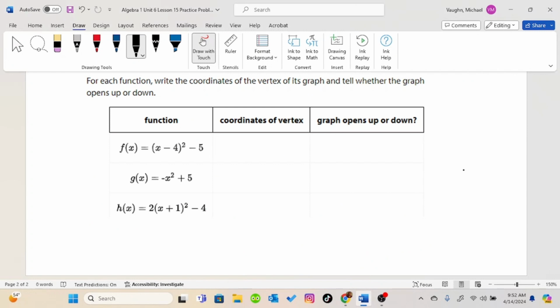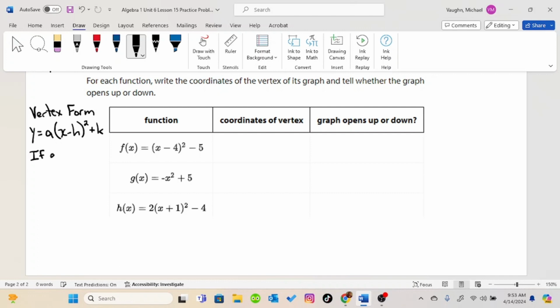For each function, write the coordinates of the vertex of its graph and tell whether the graph opens up or down. So remember that vertex form is y equals a times x minus h squared plus k.